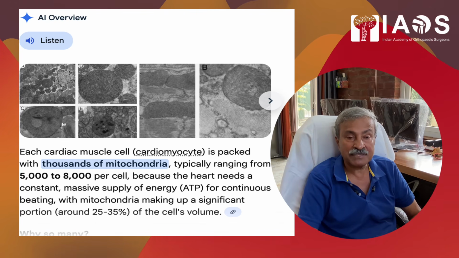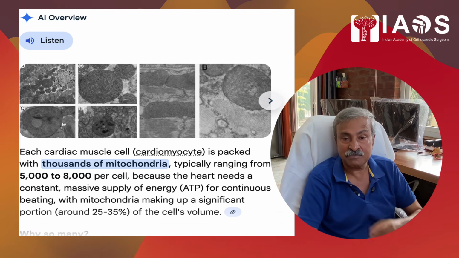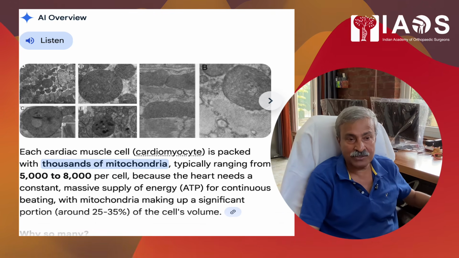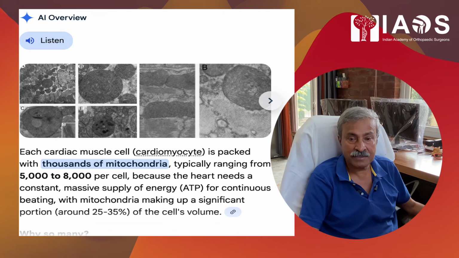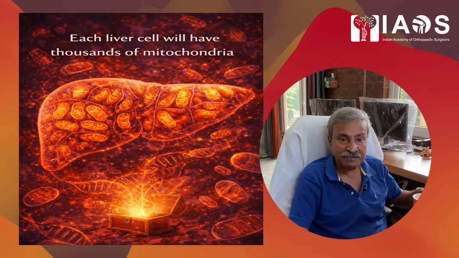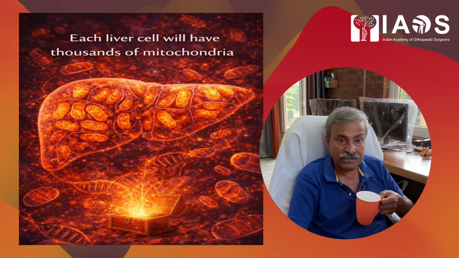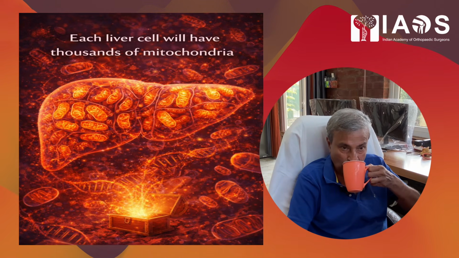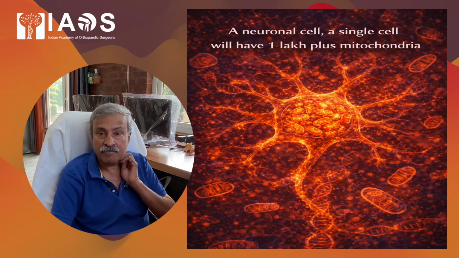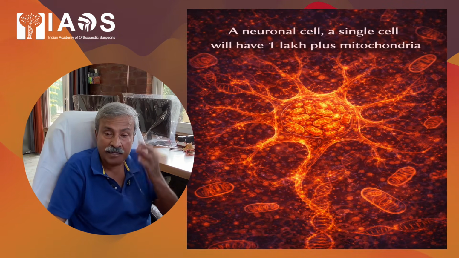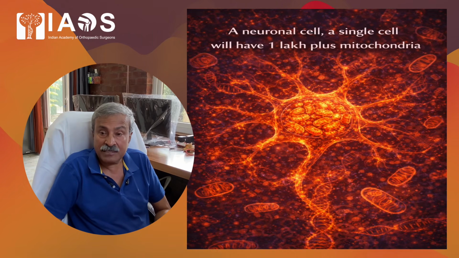A cardiac muscle cell will have 5000 to 8000, which you can download from the internet after electron microscopic pictures have come up, because the heart needs a larger amount of energy and ATP production. Each liver cell will have 30 to 40,000 mitochondria. A neuronal cell, a single cell, may have up to 1 lakh plus mitochondria.